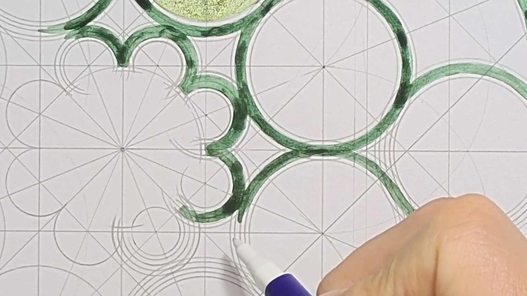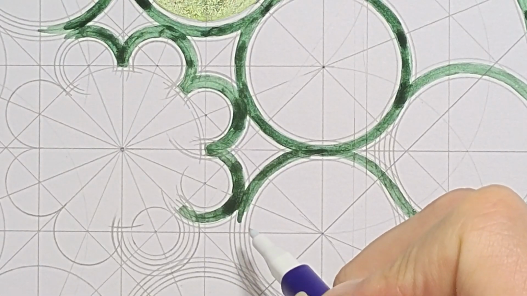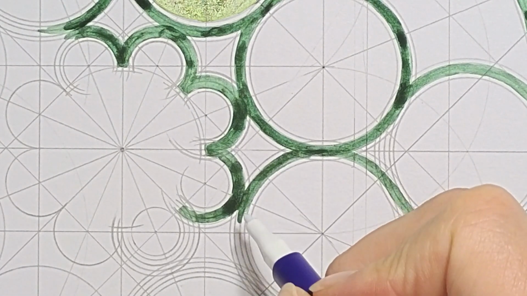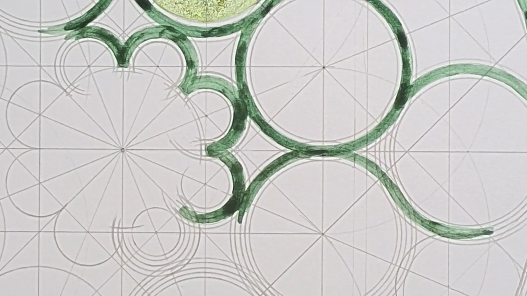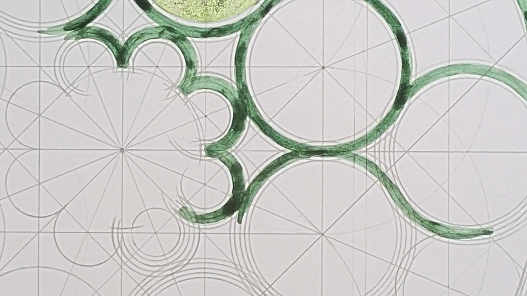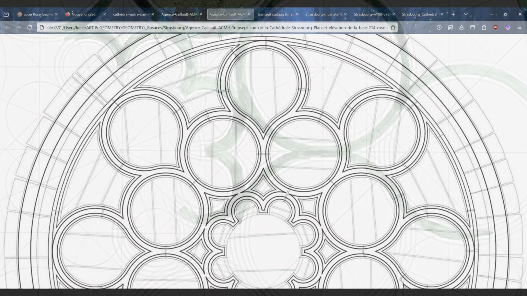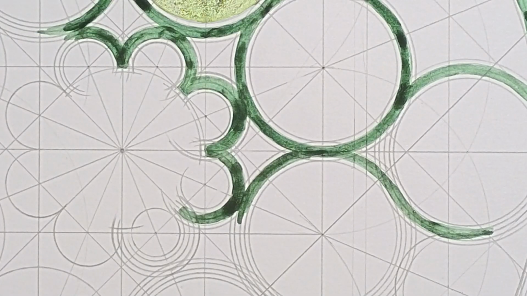When you have those 5 lines and you fill the 2 middle ones with one color, this is what gives you the effect of this, kind of. Can't really show both at the same time, but yeah.